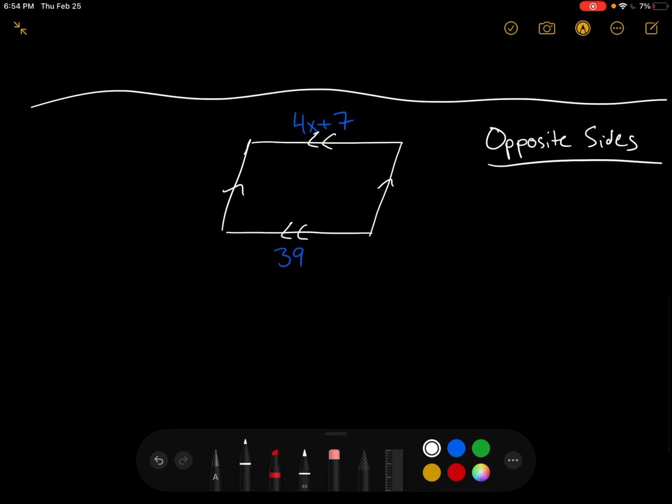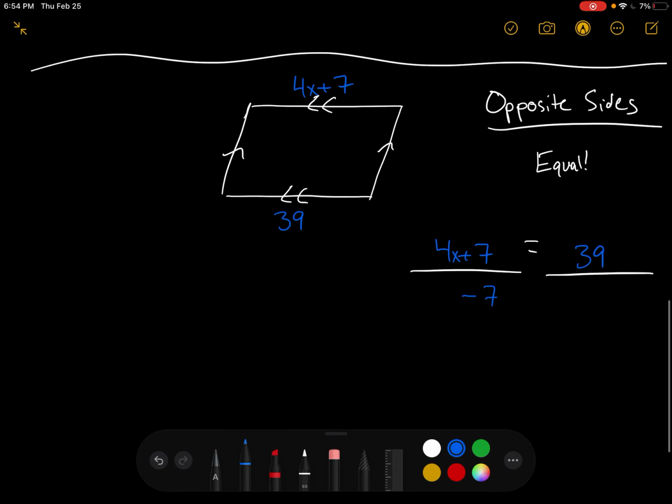And if we have opposite sides, we know that they are congruent or equal. So instead of doing part plus part equals whole, we actually just set them equal to each other. So our side on top, 4x plus 7, is equal to our side on the bottom, 39. They have to be equal to each other. Otherwise, by definition, it's not a parallelogram.